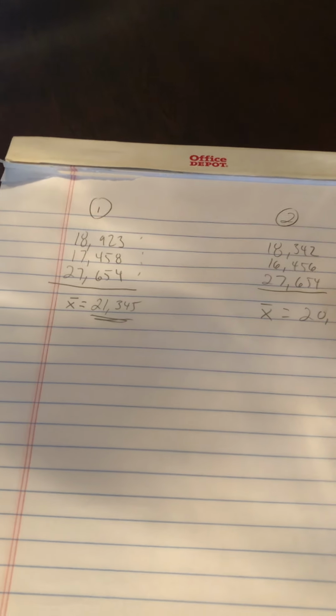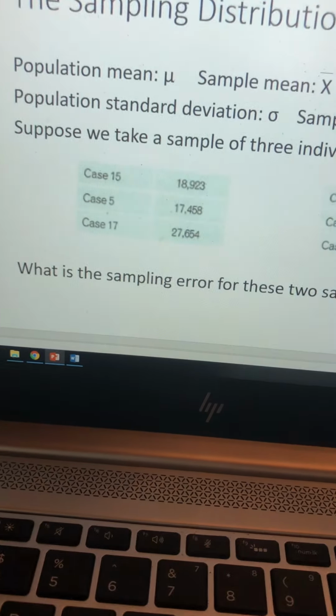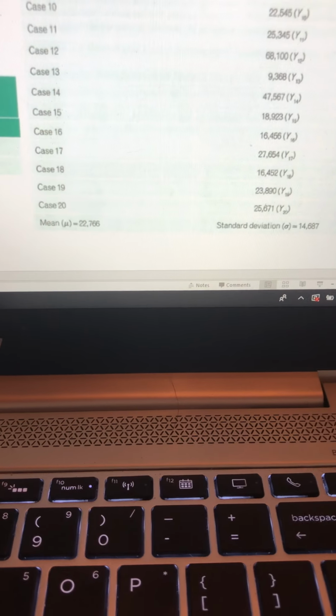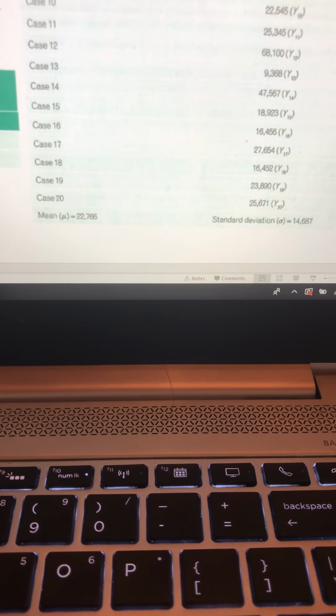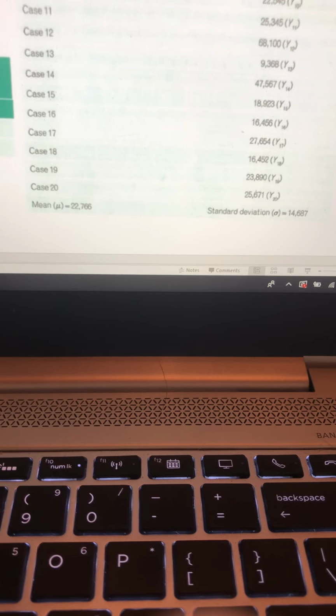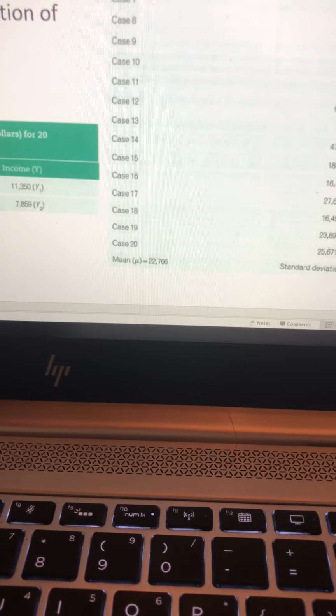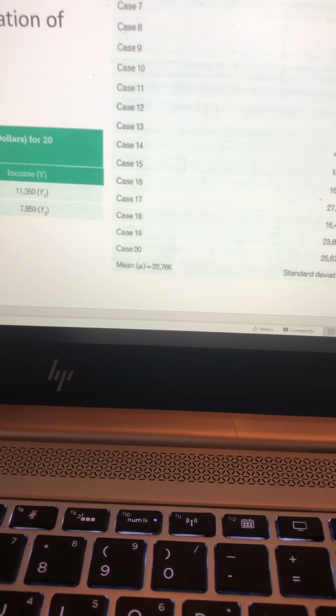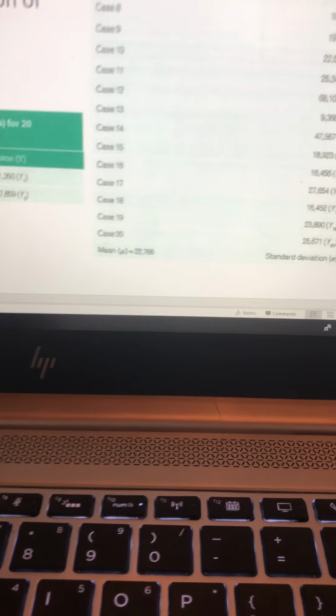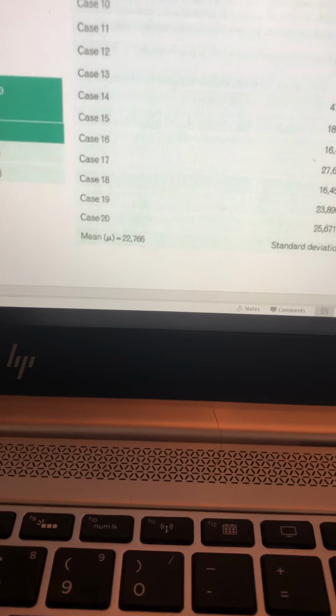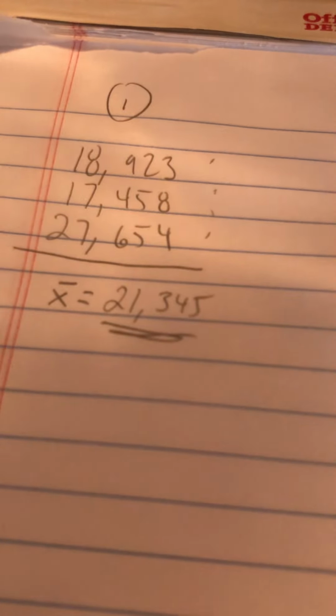Well, 20,800 and 21,345, they're both kind of similar, but we know what the population mean is, right? In this example, we know that it's 22,766. So that's pretty good. The question, though, is how good is pretty good and how close is it? And that's what we're trying to get to. But essentially, you can look at this true population mean and these sample means that we generated and see that they're relatively close.